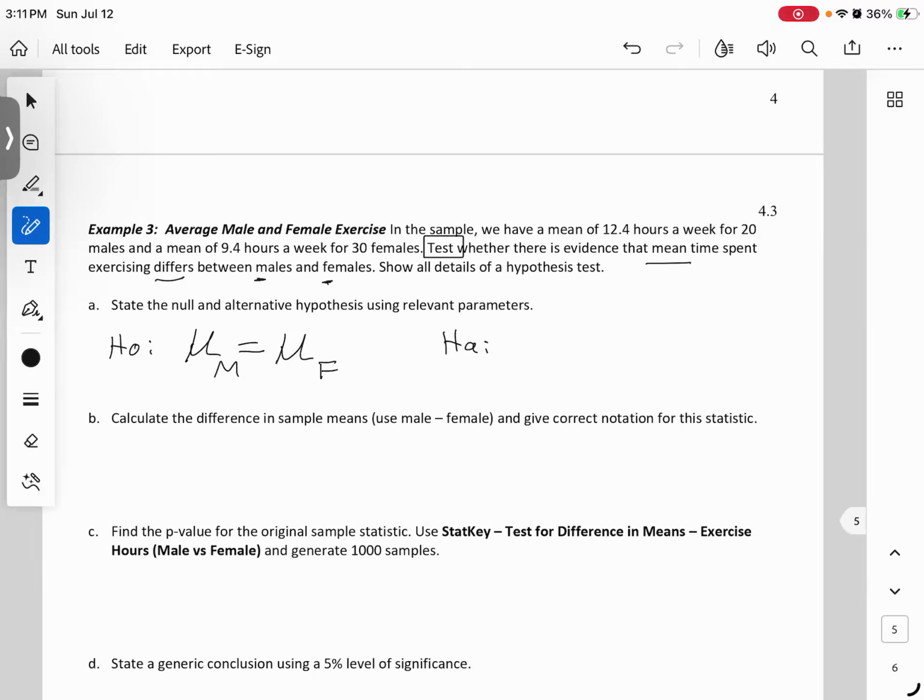And maybe they exercise about the same, but someone wants to argue that the average amount of exercise per week for male and female differ. I'm just going to put a little note that this would be considered a two-tail test. So they're not specifically saying that male is more or that female is less. It's just saying that they're not the same.